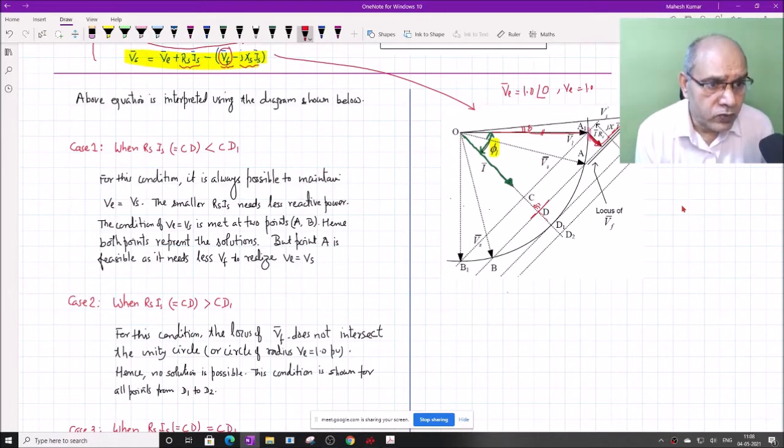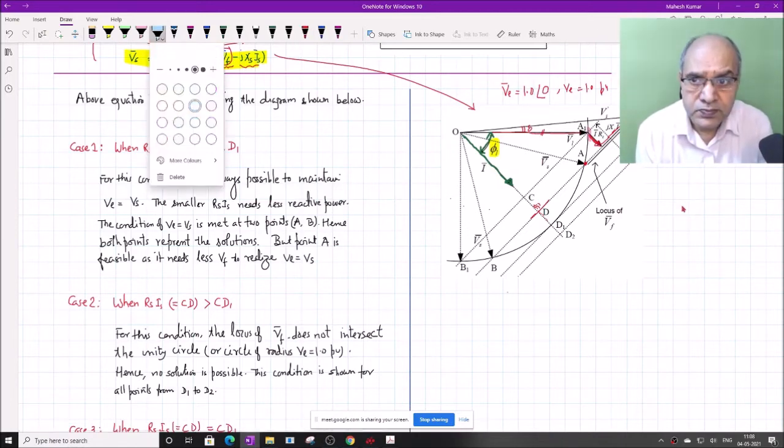Correct? So we have to move from this point till we get intersection with this circle of BL radius, or 1.0 radius. If BL is 1.0 per unit, then I will draw the circle of 1.0 radius. So this is the circle of 1.0 radius.